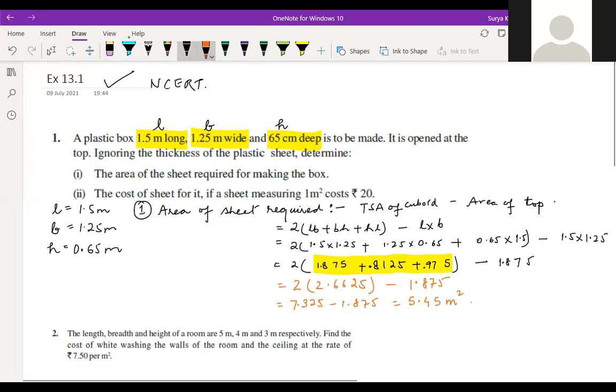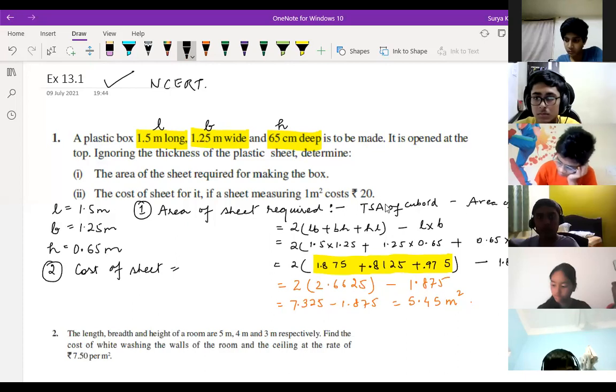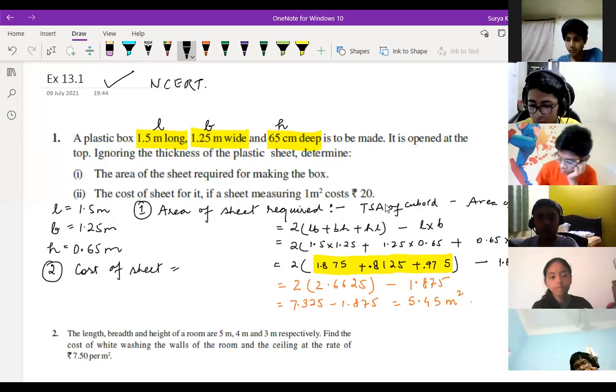Now the second part of it is cost of sheet. If sheet measuring 1 meter square costs rupees 20, so right here cost of sheet is equal to... how to find cost of sheet, Shreyanvi? How to find cost of the sheet? Yes, sir.